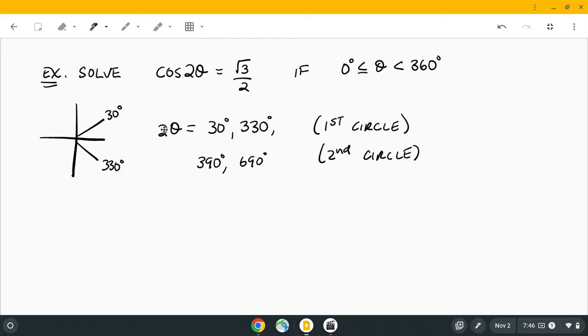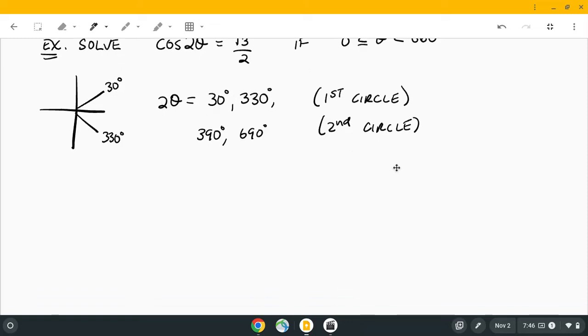If we solve for theta by dividing both sides by 2, then I get theta equals 30 divided by 2 is 15. 330 divided by 2 is 165.